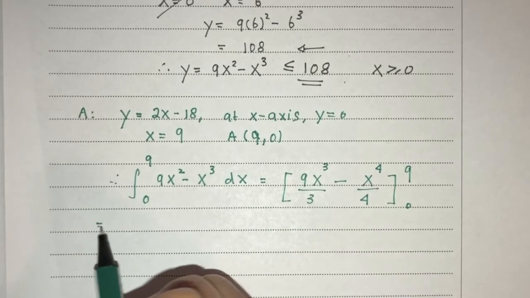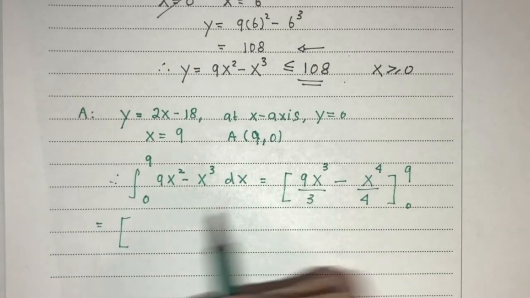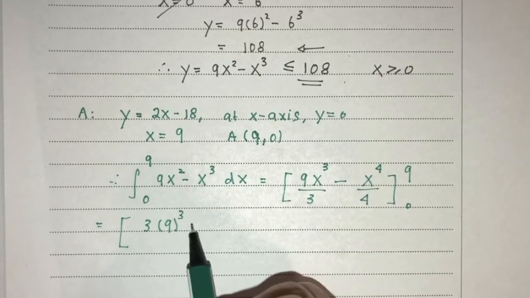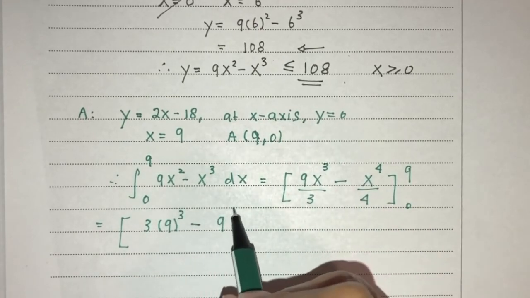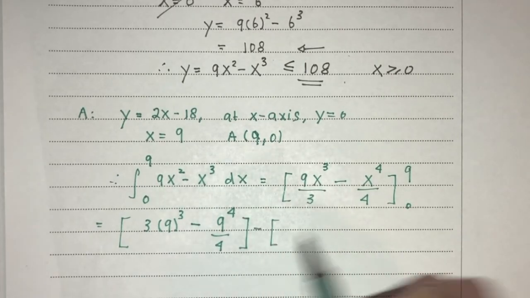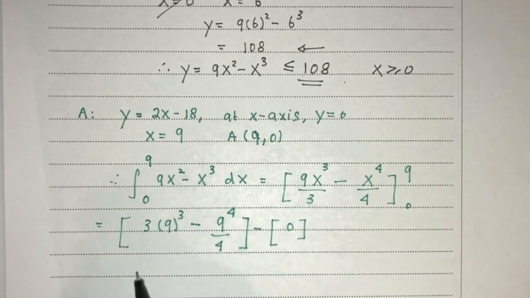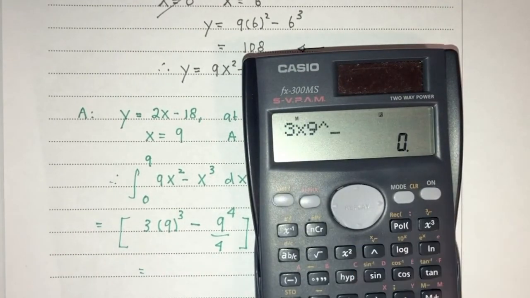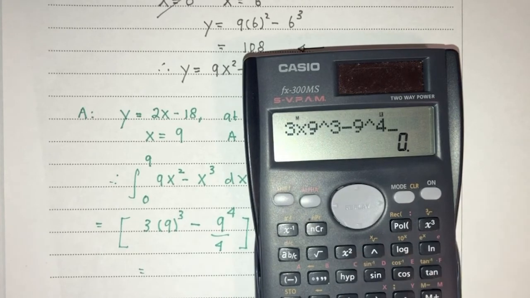So for the first one, let's replace. This will become 3 times x power 3, that will be 9 cubed, minus 9 power 4 divided by 4. So let's see what we get. The lower limit will be 0, right? So 3 times 9 power 3 minus 9 power 4 over 4.